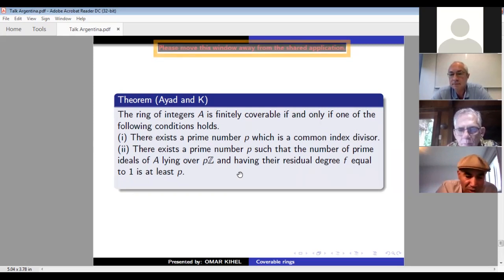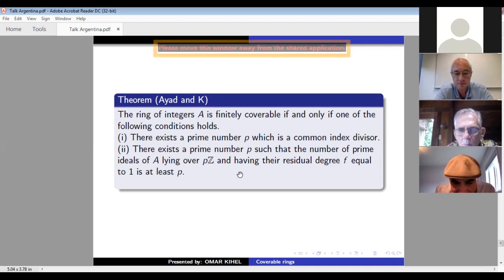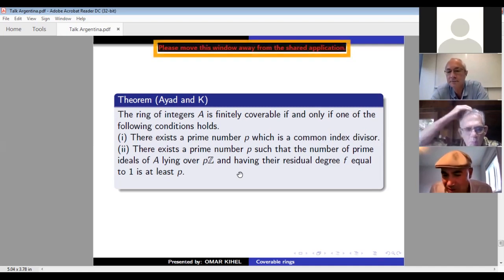The second condition, if the first one is not satisfied: there should exist a prime P such that the number of prime ideals of A lying over P, dividing P in A, and having residual degree f equal to 1, should be at least P.